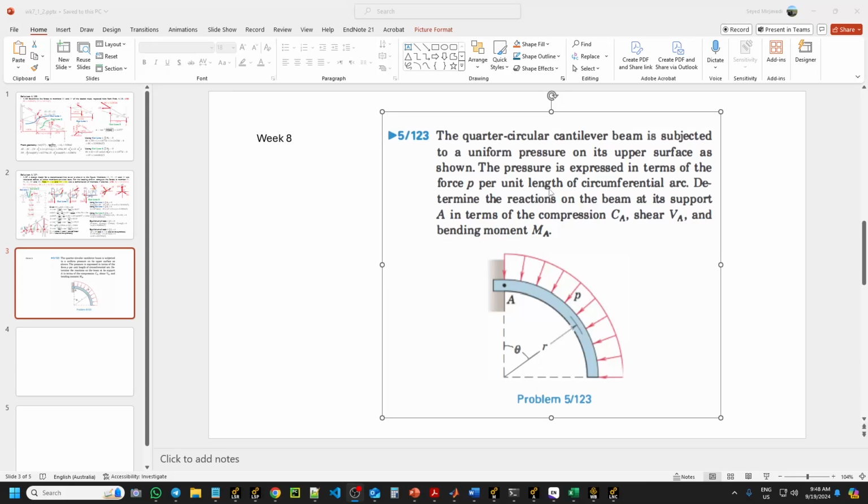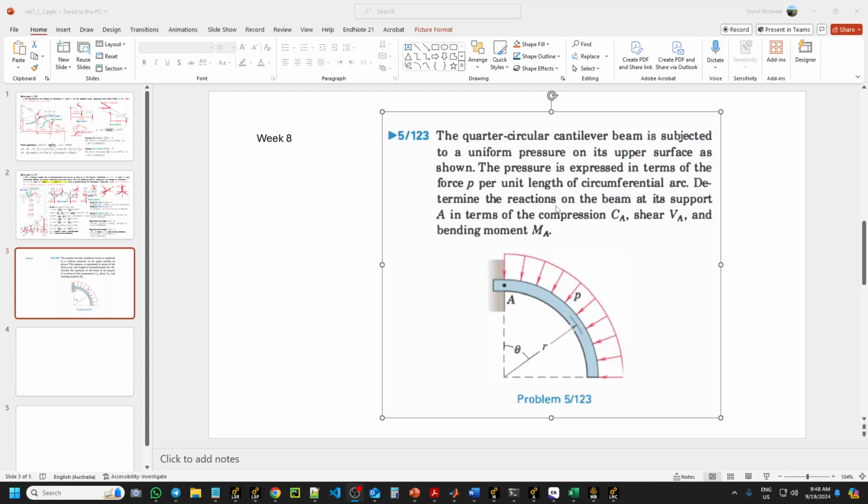So pressure, what is the unit for pressure? It is Newton per meter squared. But here it says in terms of the force P, it means Newton per meter, because it's the length of the circumferential arc.